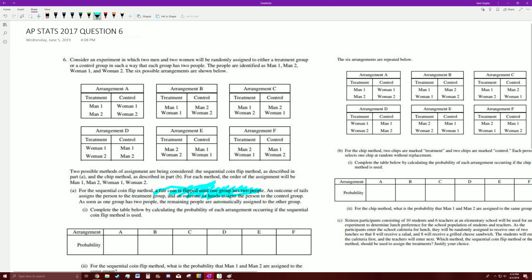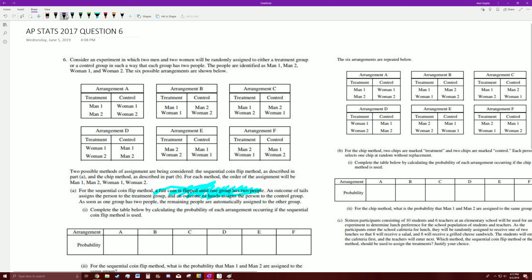So heads becomes control, tails becomes treatment. As soon as one group has two people, the remaining people are automatically assigned to the other group. Complete the following by calculating the probability of each arrangement occurring if the sequential coin flip method is used.